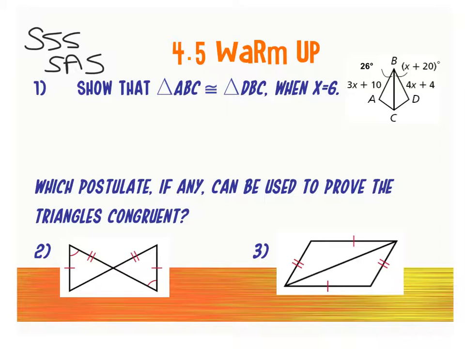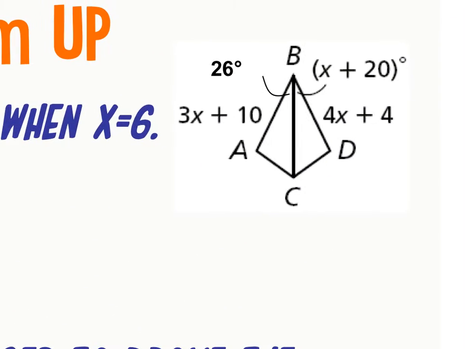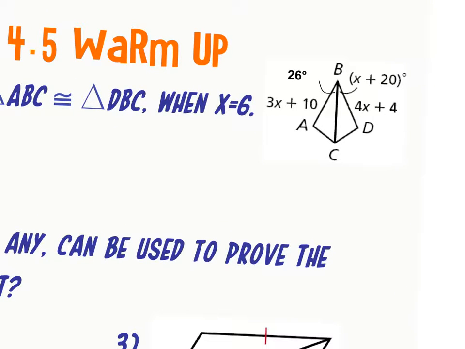So number 1 says show that triangle ABC is congruent to DBC when x is 6. So if these were congruent, what would be true about, and you could do these a couple of different ways, right? If it's ABC, that means AB matches DB. That means BC matches BC, that's the reflexive side.